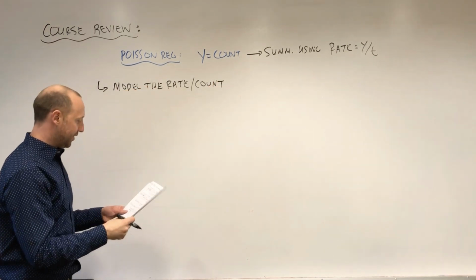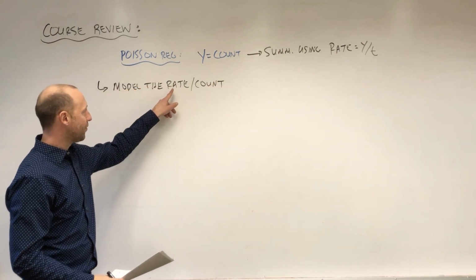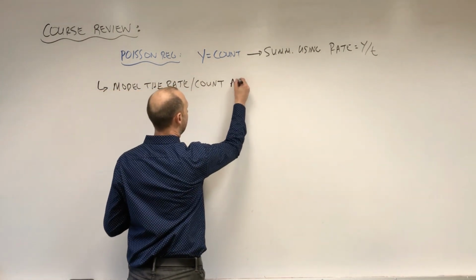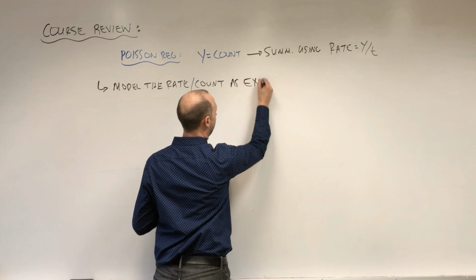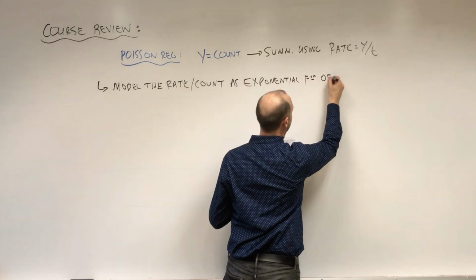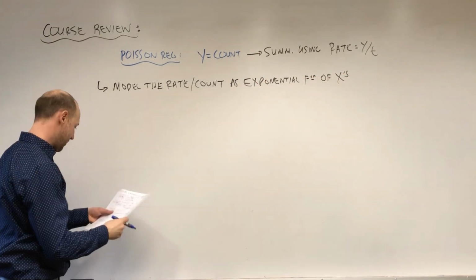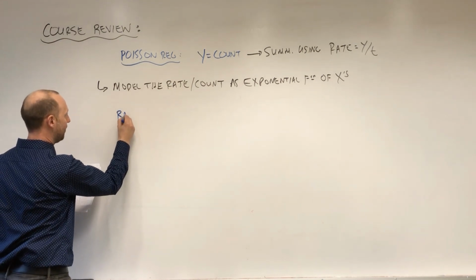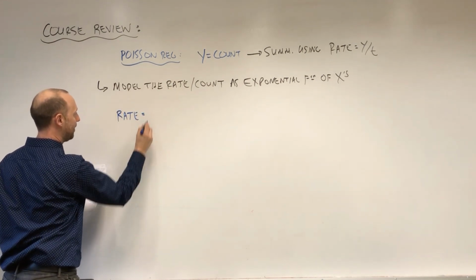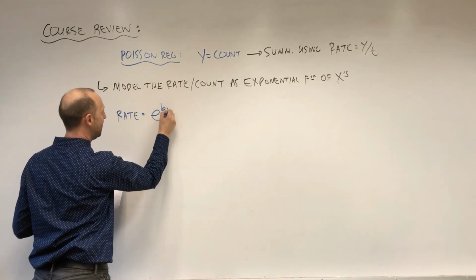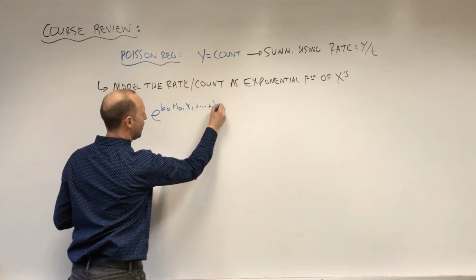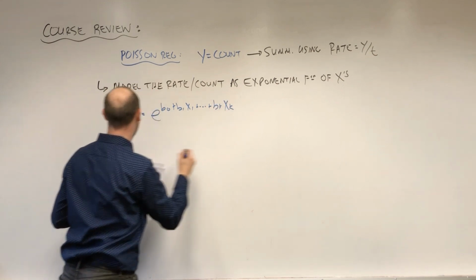I'll express everything in terms of the rate, but we want to model the rate at which things occur, or how often it occurs, as an exponential function of the x variables. We can think of that as modeling the rate as e to the b naught plus b1 x1 all the way up to bk xk.